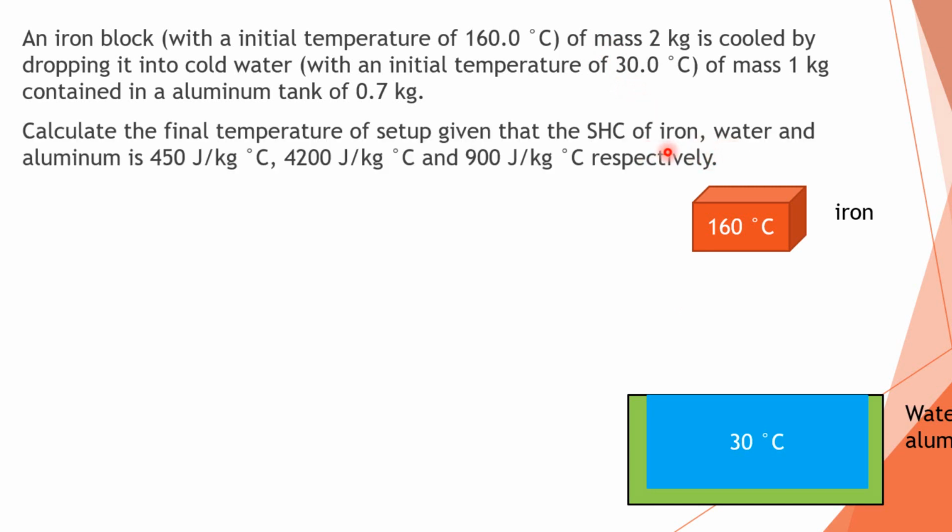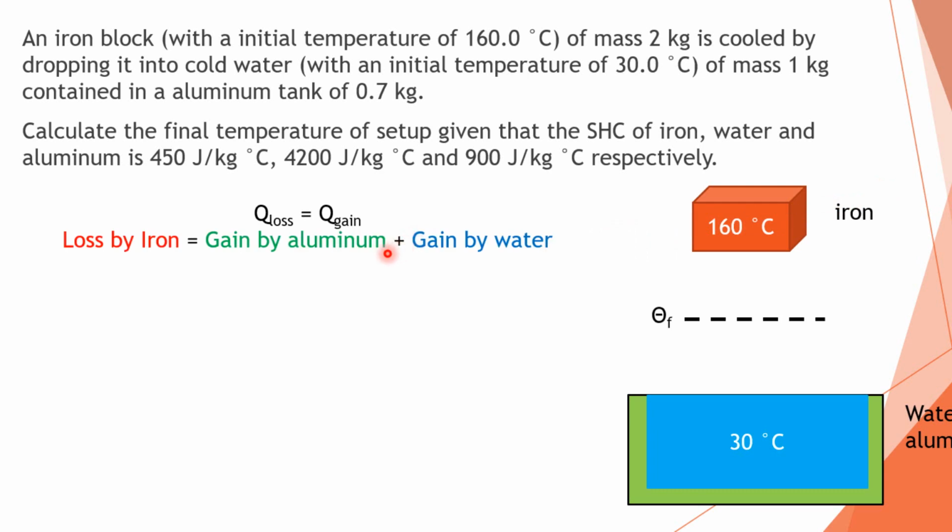Given the specific heat capacities of iron, water, and aluminium, these are the values. Energy loss is equal to energy gain. In this case, the loss by iron is gained by the aluminium and the water. I color coded it so that it's easier for you to see. Then this is the final temperature.